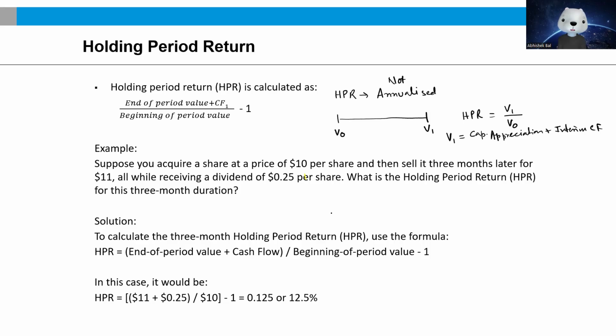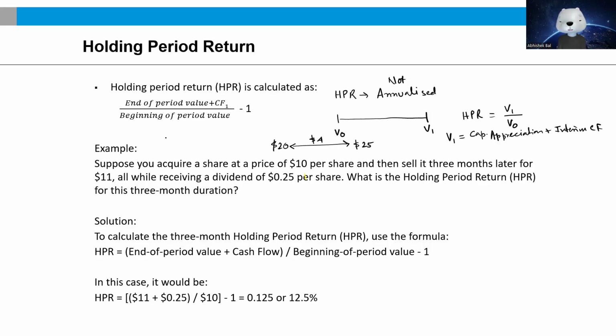So for example, let's say I bought a particular stock at $20 and I held this stock for only 6 months, and 6 months down the line, I sold this stock for $25. And in this 6 months, the company also issued me a dividend of $4.